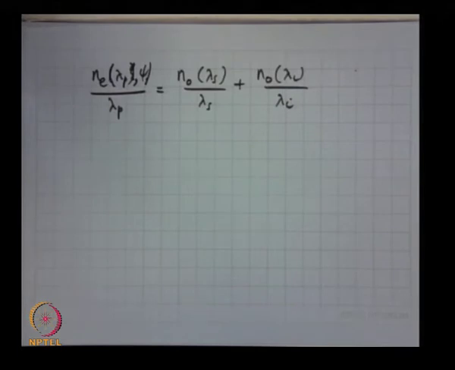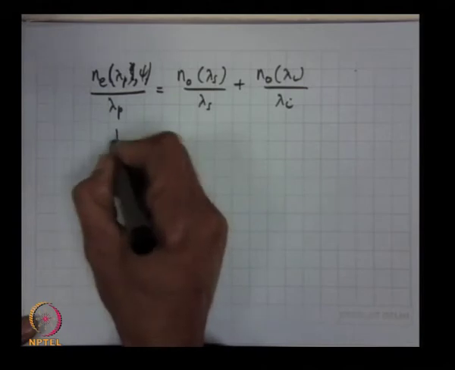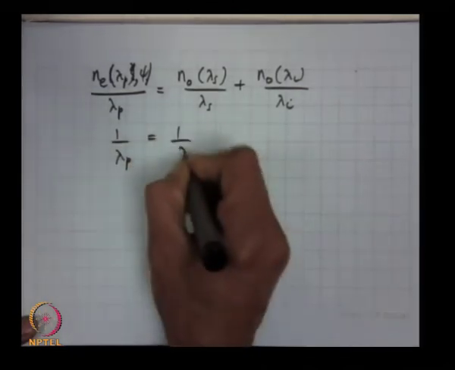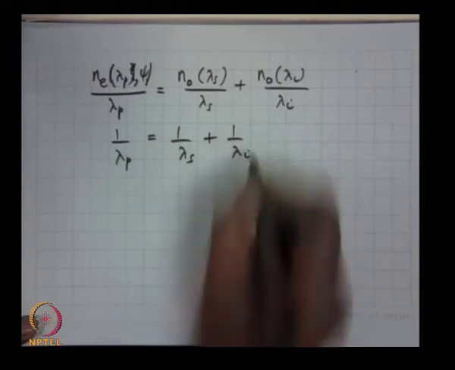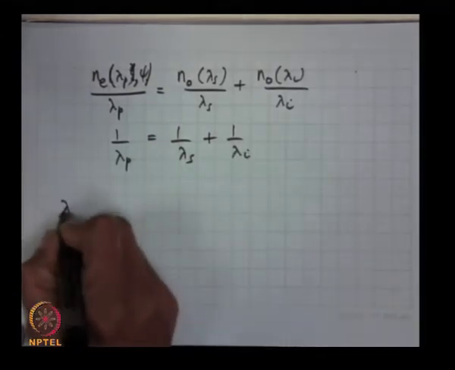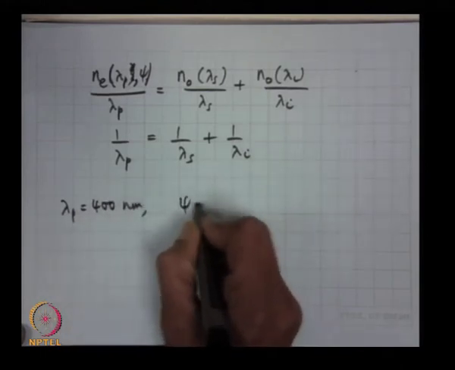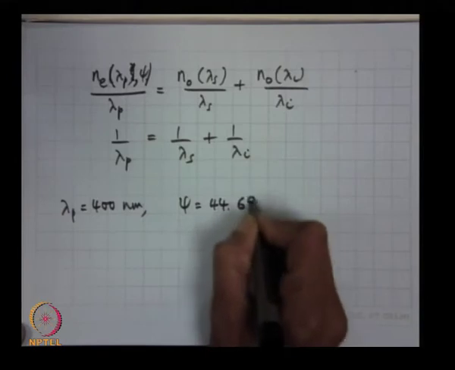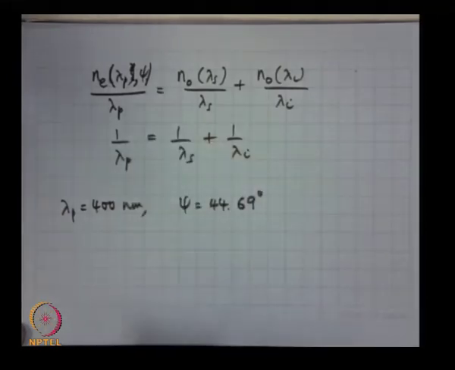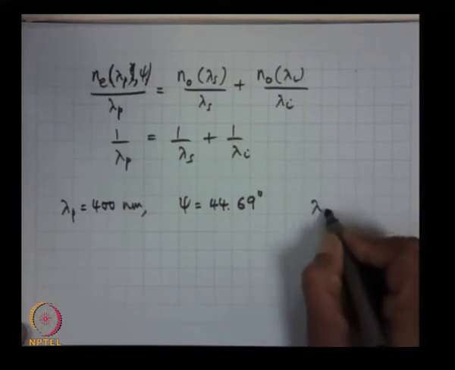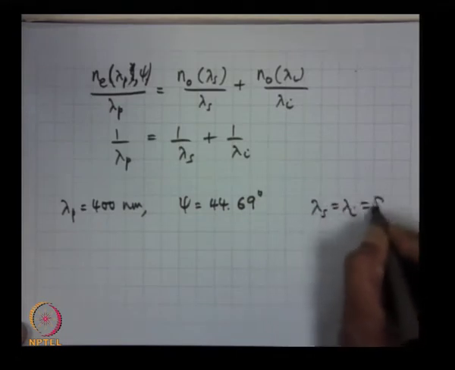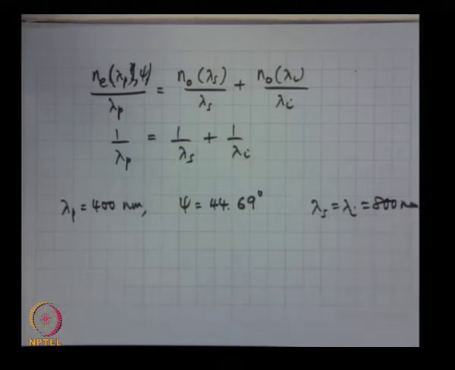If I choose psi equal to psi m, 44.69 degrees, the solution of this equation and this equation simultaneously gives me, so if I choose lambda p equal to 400 nanometers and psi equal to 44.69 degrees, these two equations give me lambda s equal to lambda I equal to 800 nanometers, which is what I have done. I'm just giving the same result in a slightly different fashion.